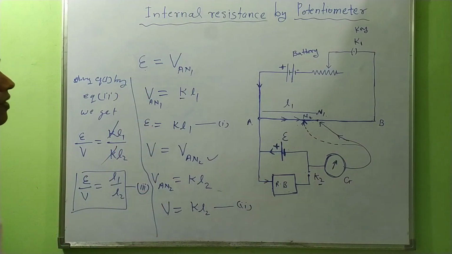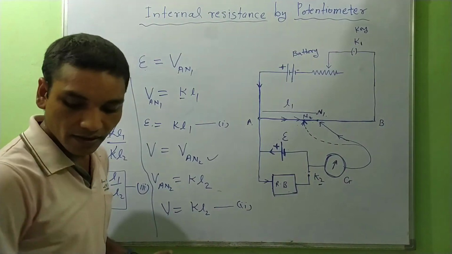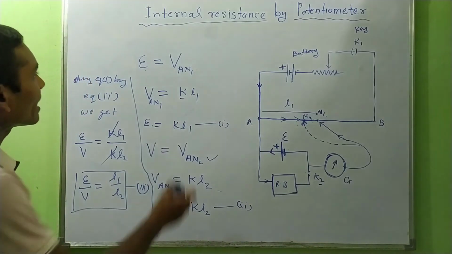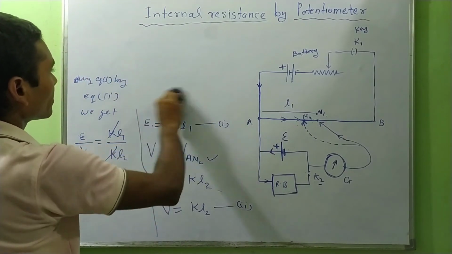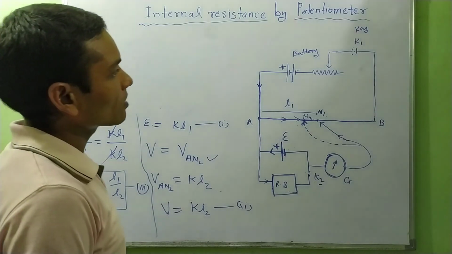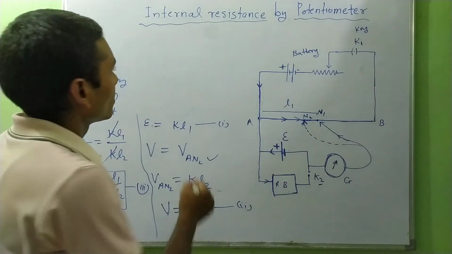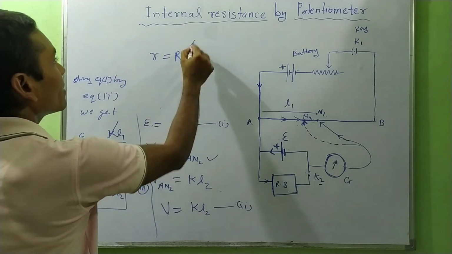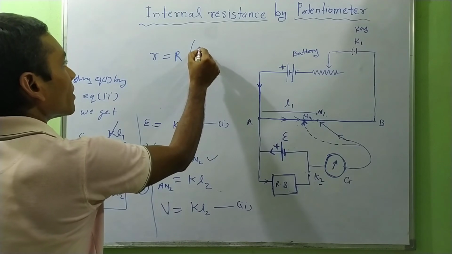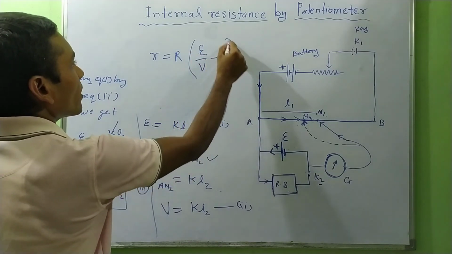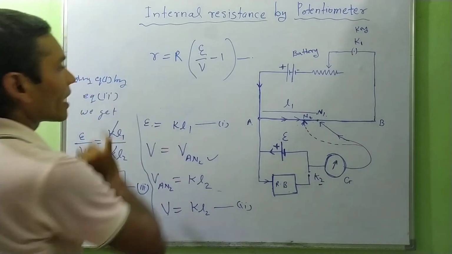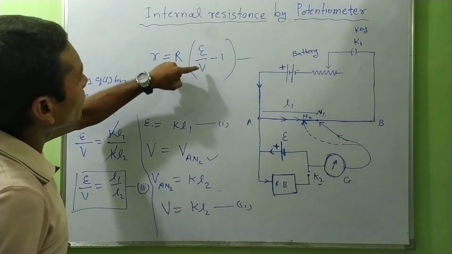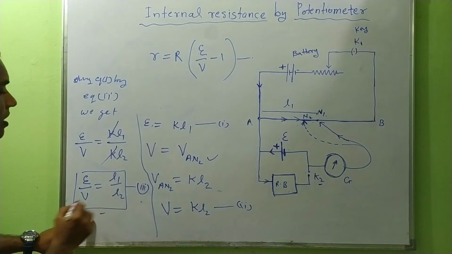Now we have to find the internal resistance of this primary cell. We have already derived the expression for the internal resistance: small r equals capital R into (epsilon upon V minus 1). This is the expression. We have to put the value of epsilon upon V from equation third.